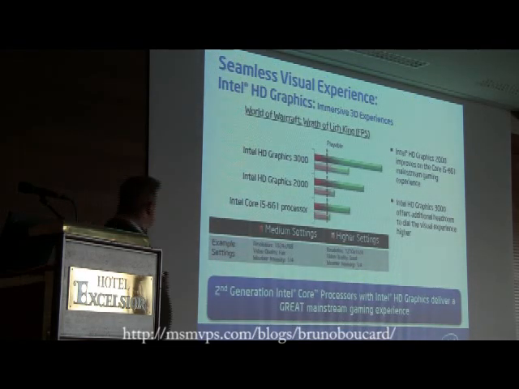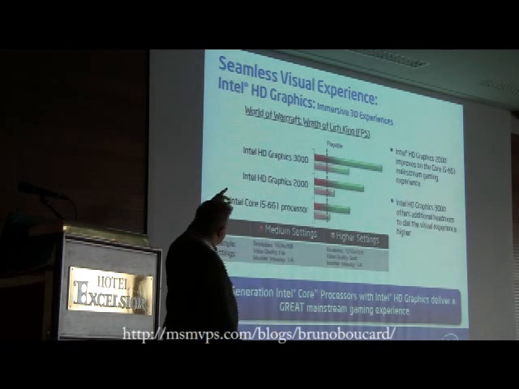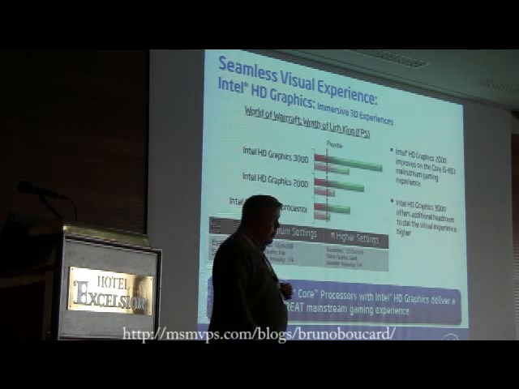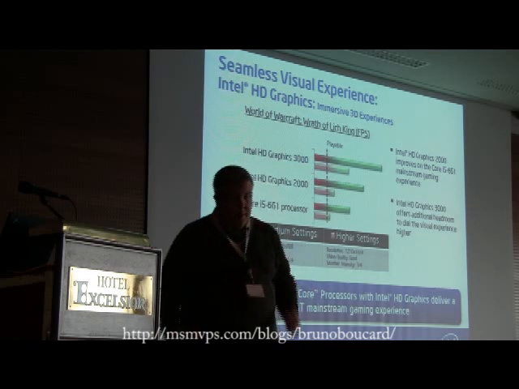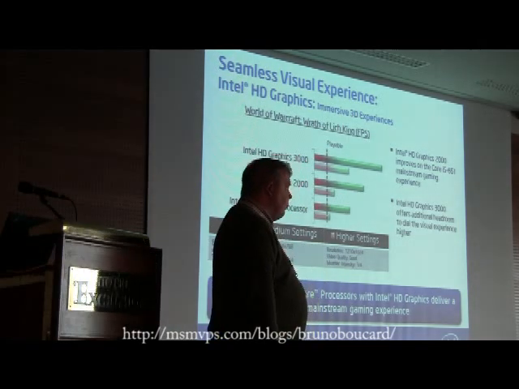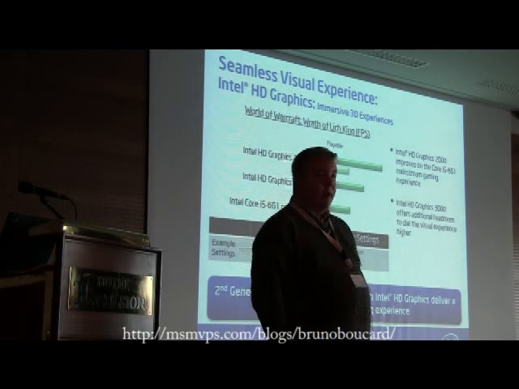And this is just showing some of the performance compared to where we are. Sandy Bridge has two SKUs of graphics, a 2000 and a 3000, depending on whether you have a higher-end system or a slightly lower one. Compared to the previous generation, there's a significant boost in graphics capability. Now, one of the things that I think is really cool is when we talk to software developers, we haven't had the best reputation in the industry with our integrated graphics.